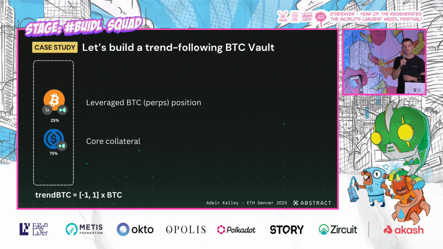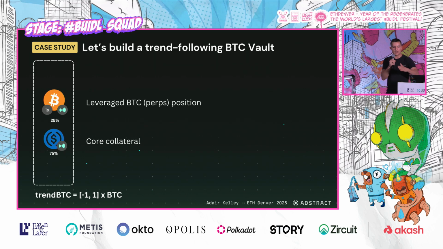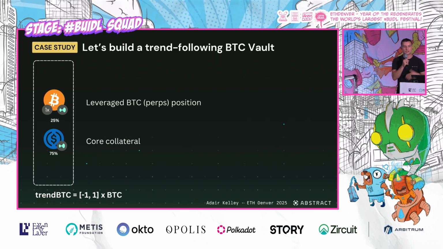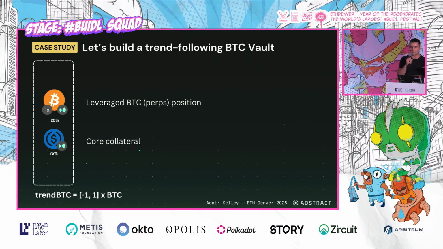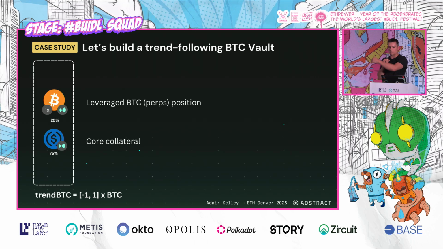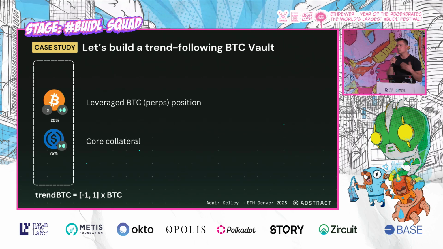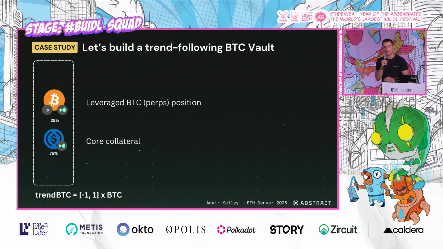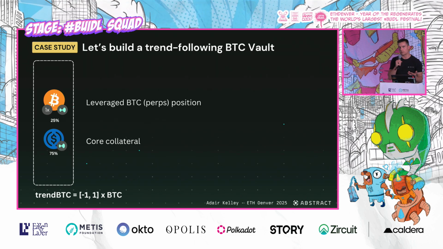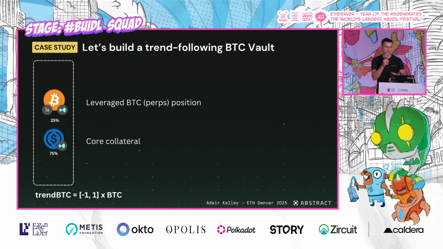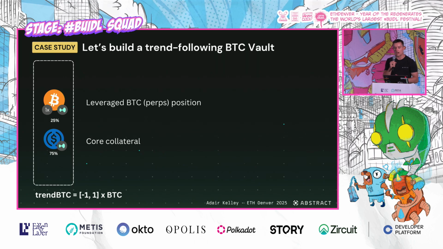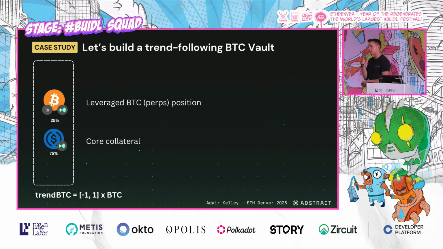So if you implement a trend following algorithm, it'll see that and give you a signal that says, hey, Bitcoin's starting to trend up. Let's increase our allocation from 0 to 25%. And to implement these algorithms efficiently, they're generally done on perpetuals protocols so that you can have leverage to meet a certain target volatility. And your collateral stays on that chain.